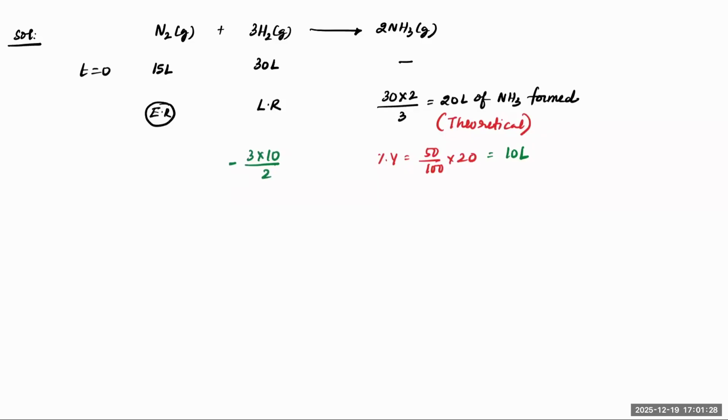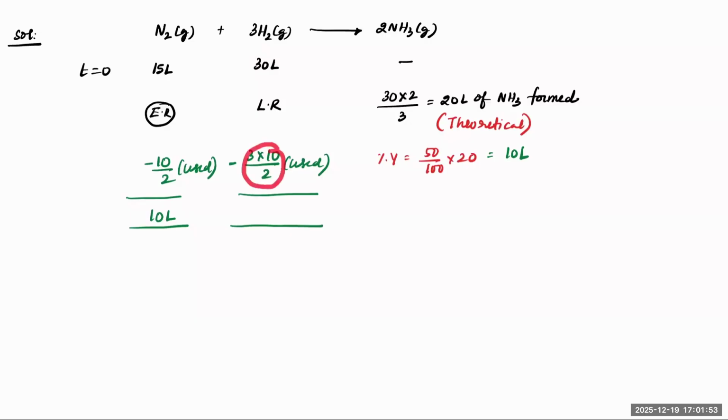This is the used amount. Similarly, for 2 moles, 1 mole is required. So for 10 moles, how much is required? 10 by 2 is required. Now subtract that. So how many we have? 10 liters is the leftover. This is used one. So this is the leftover. And here also out of 30 liters now, I am consuming how many? 15 liters.